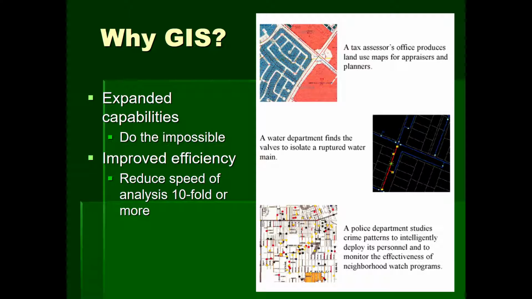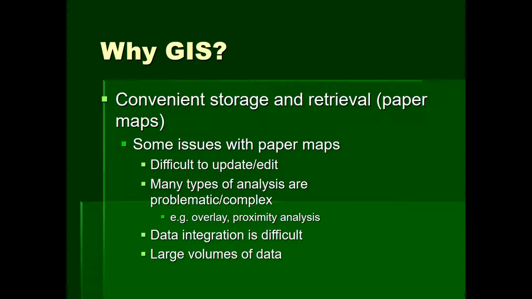Now, how this is actually implemented in different city governments is not always the same. Sometimes there's a separate GIS department. Sometimes it's housed inside of one of the other departments. But more and more city governments and state governments are utilizing GIS in different areas.